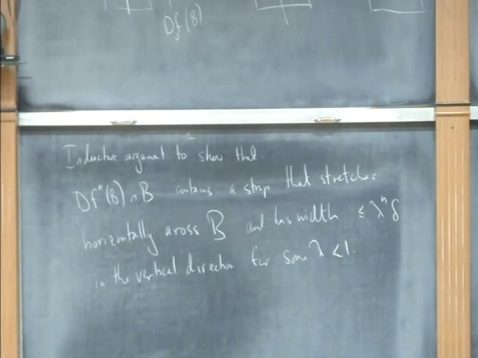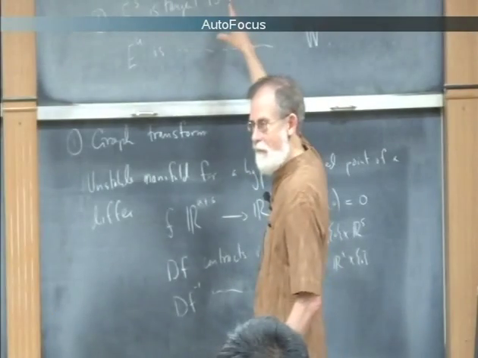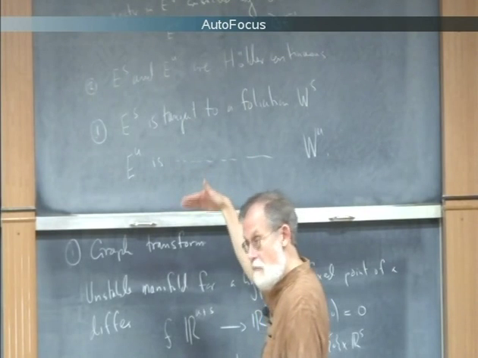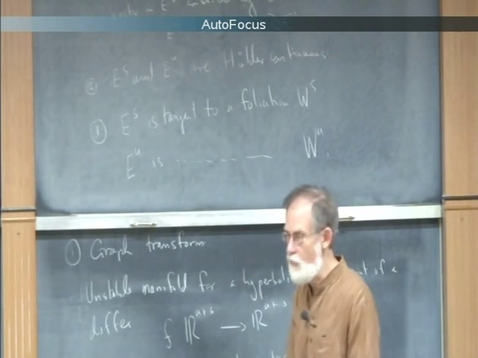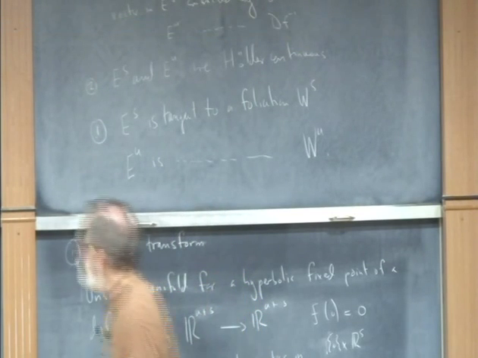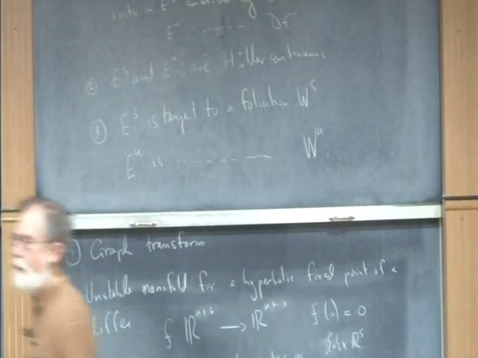Of course, it's positive lambda. And the number lambda is essentially the number that controls the hyperbolicity. You can't use exactly the number you have here, but any number that is just slightly closer to 1 will do. So you get a picture like this.